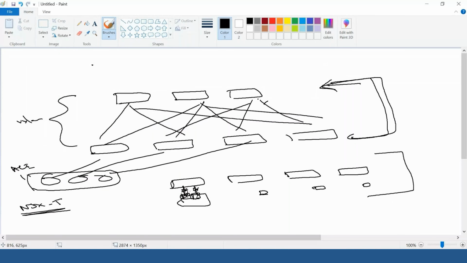There is a firewall on the first NIC, and there is a firewall on the second NIC also. So you get that much minute control. That means when traffic goes out from a VM, before it hits the distributed switch, NSX-T can decide whether this traffic should be permitted or not.